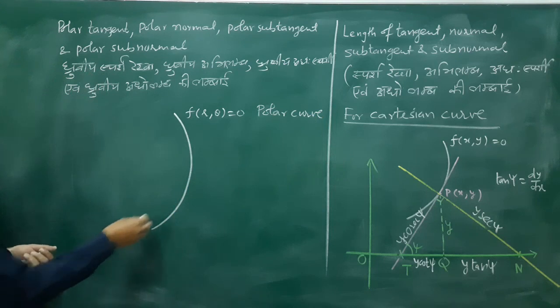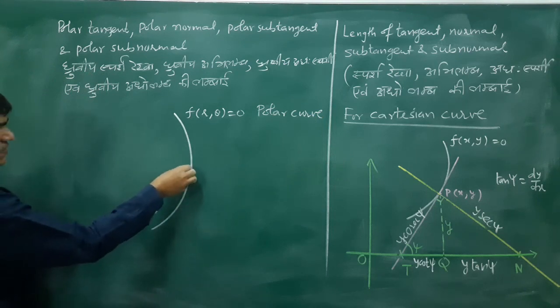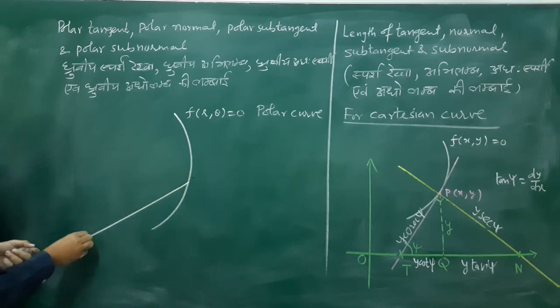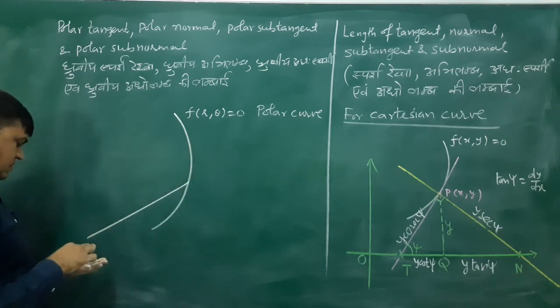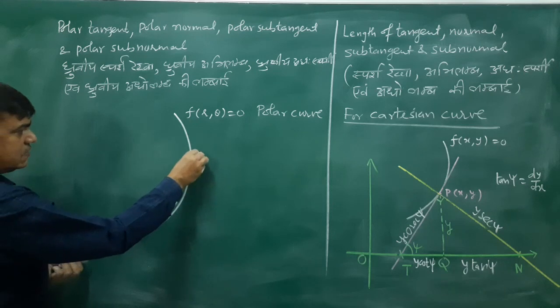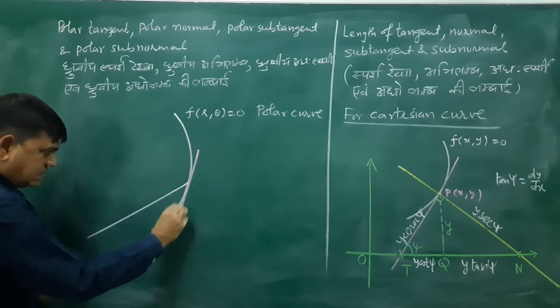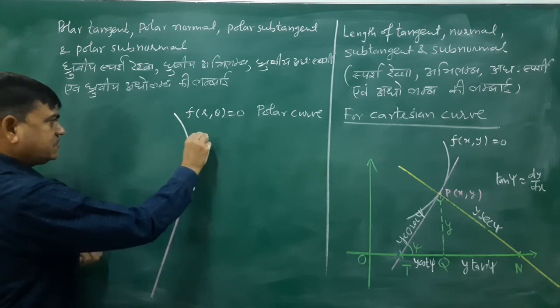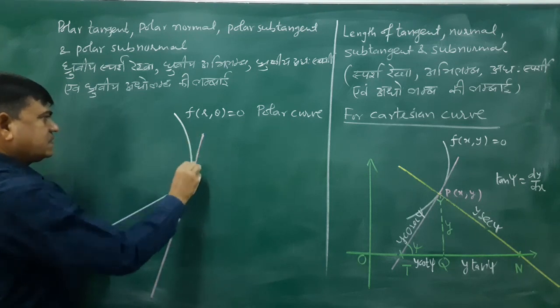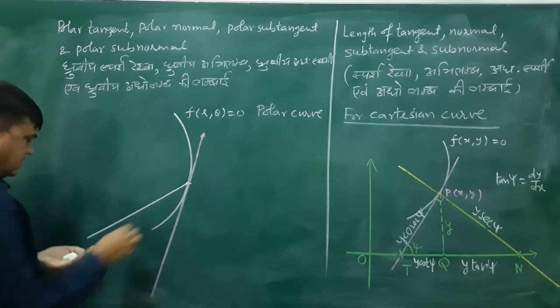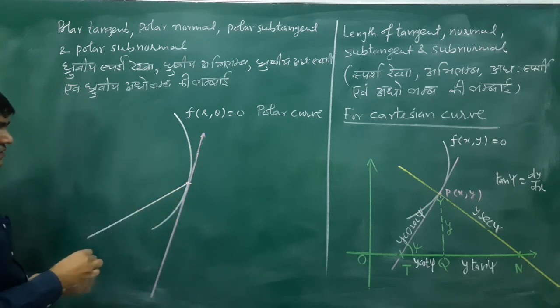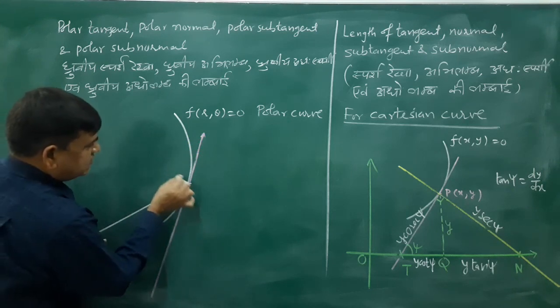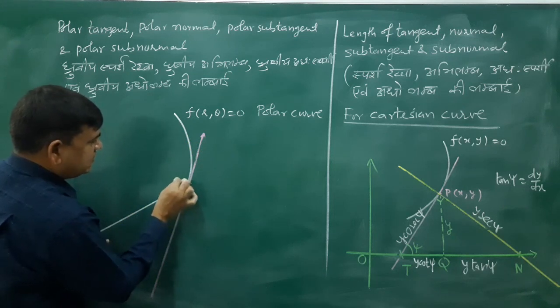Now this is the point, I say. This is the tangent. Remember. And the normal is 90 degree.